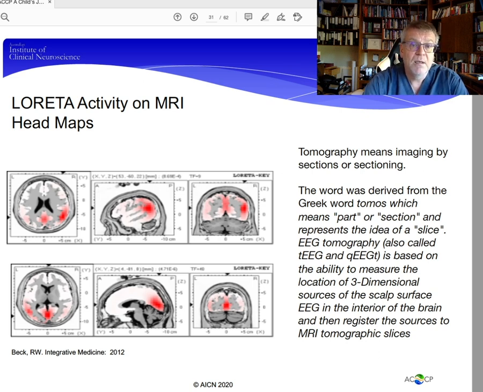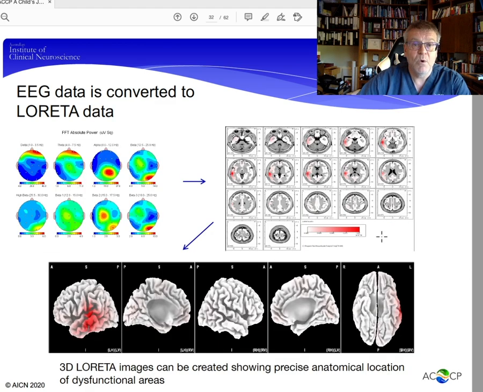So they're telling us where dipolar dysfunction is happening, and where we can determine which areas are the worst and which areas are not so bad. So from the head map, we now get this two-dimensional LORETA, which narrows down where things are happening in the brain, where the most dysfunction may be.